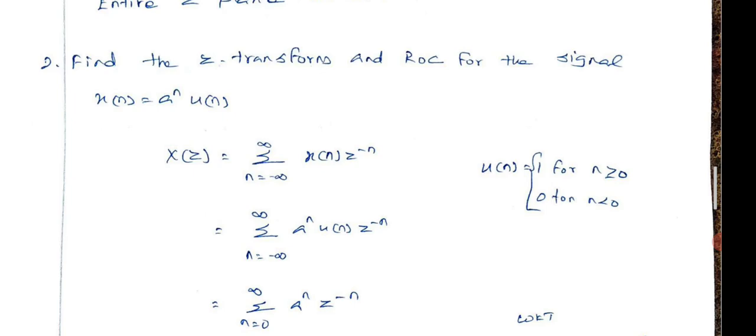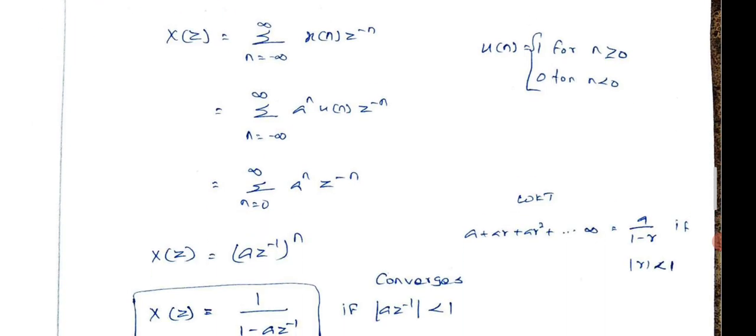So substitute u(n) equal to 1 for n greater than or equal to 0. The limit varies from n equal to 0 to infinity, because there is no value on the negative axis, so we neglect the minus infinity. So the limit varies from n equal to 0 to infinity of a to the power n z to the power minus n.